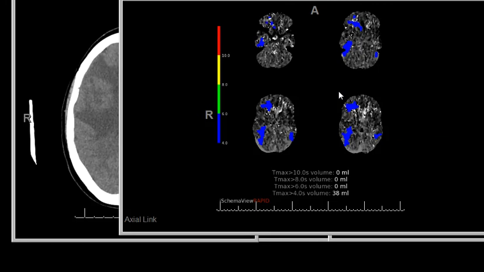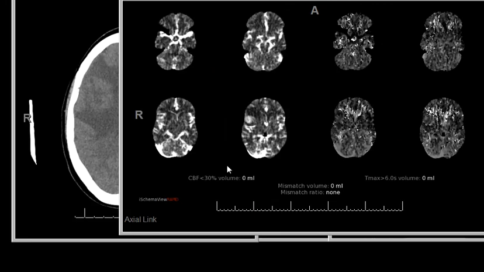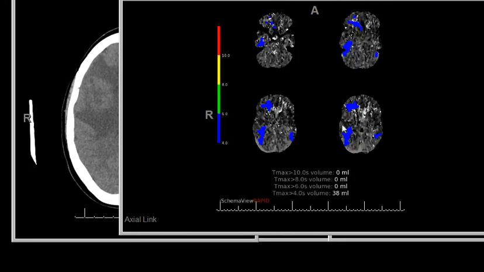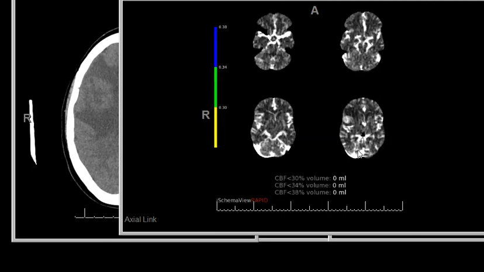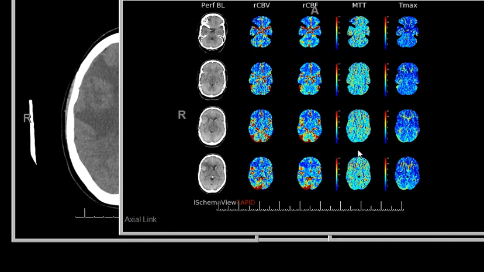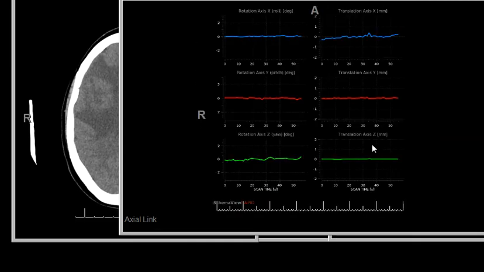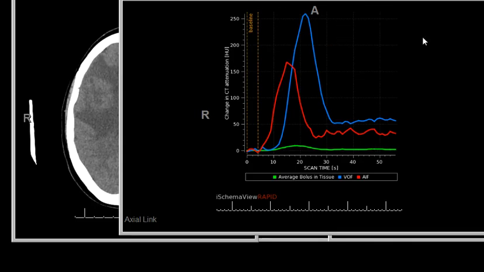normal. There's no infarcted core, maybe slight hypoperfusion around the tumor. It's hard to tell. Good quality data.